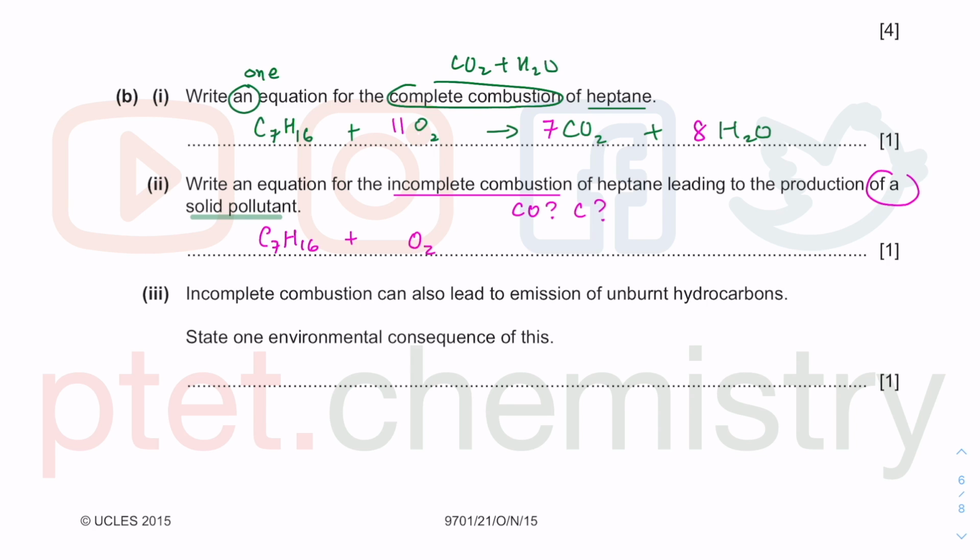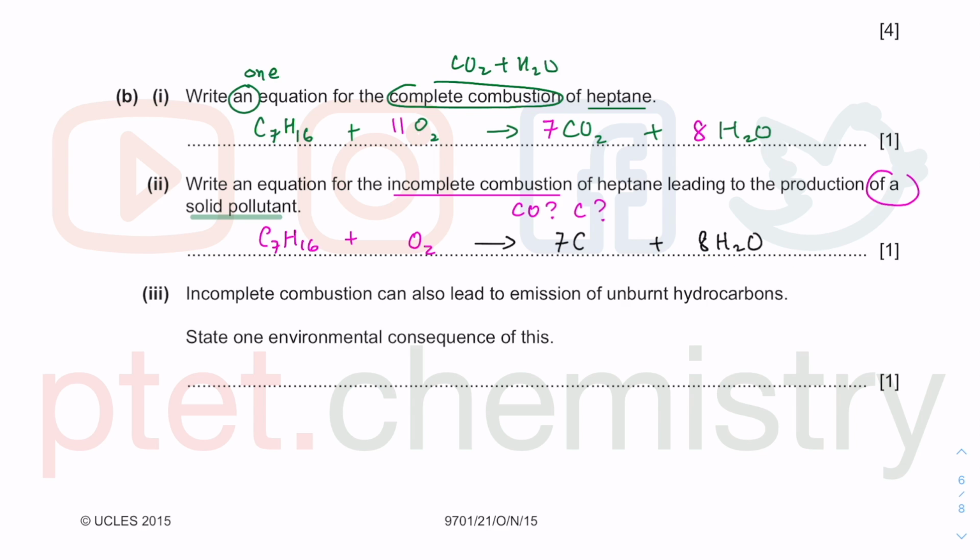So that means not enough oxygen. Basically, incomplete combustion means not enough oxygen. I'm going to just produce carbon first. But they don't say you cannot produce any other thing. So I'm not sure if I can balance my equation if I just do like this. If I have 7 carbon, then I have 16 hydrogen. I can never balance it because, can I? Well, actually I can. 7 carbon and then 16 hydrogen.